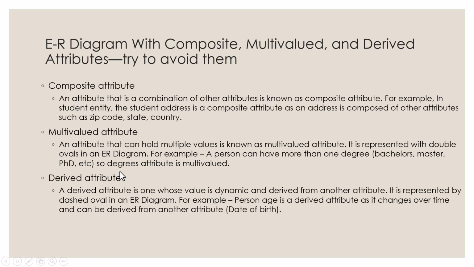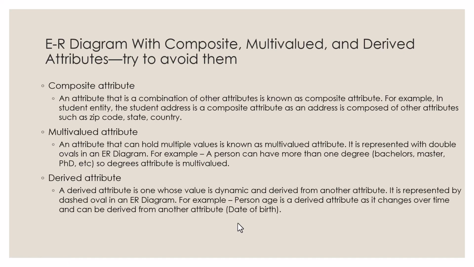Derived attribute, I don't know if you remember, but this was in the example we went over last week. This is where the value of this attribute could be derived or calculated using other attributes. If you know a person's date of birth, you should be able to derive their age.